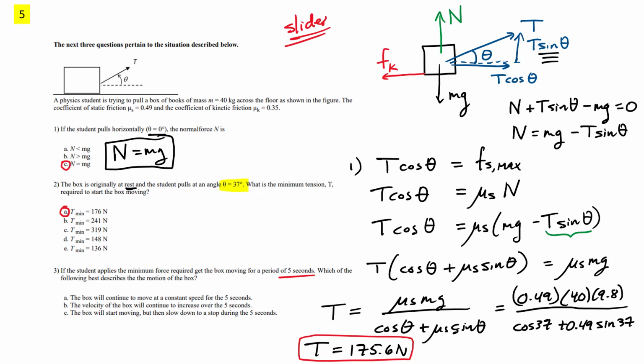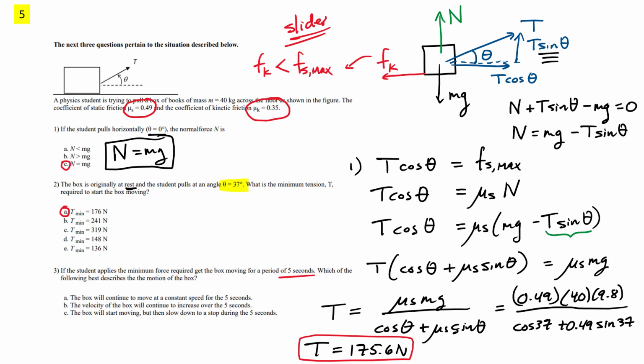Now, let's think about kinetic friction versus static friction. This here's the coefficient of static friction, and this here's the coefficient of kinetic friction. So this force right here, this force of kinetic friction, is actually less than that force of static friction, the maximum value.